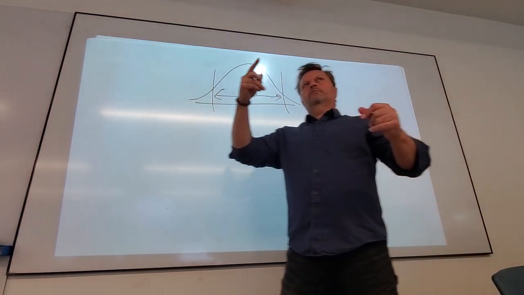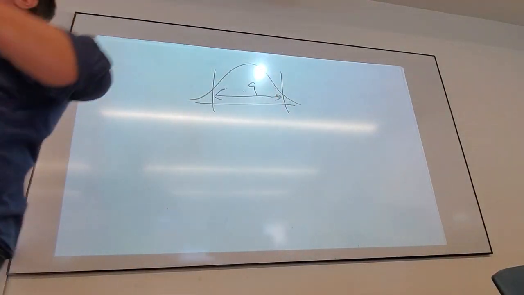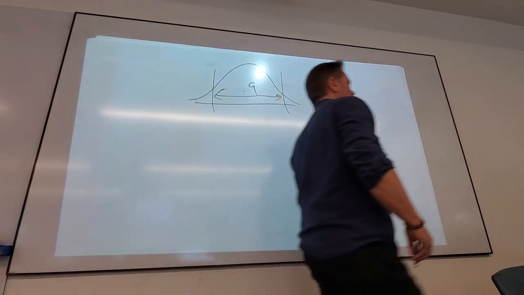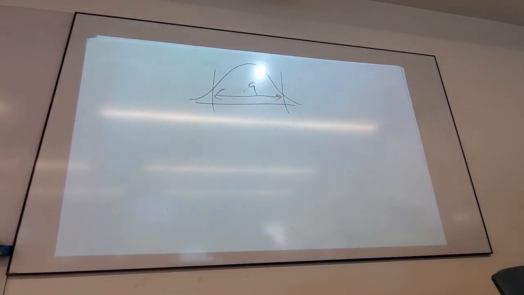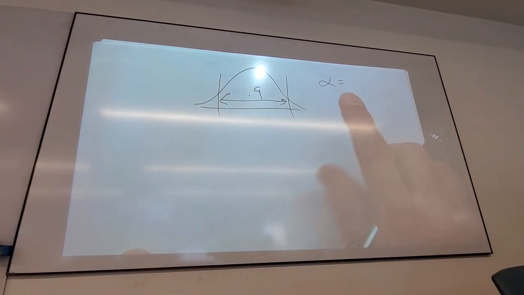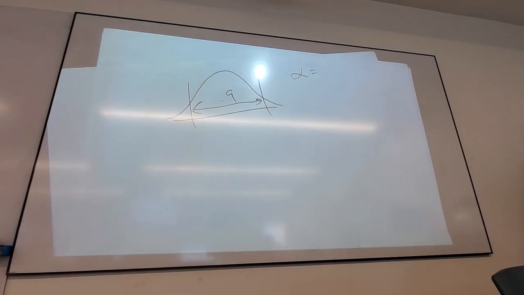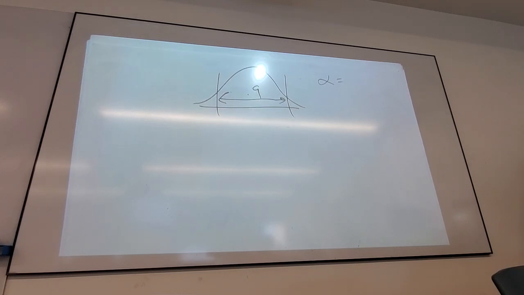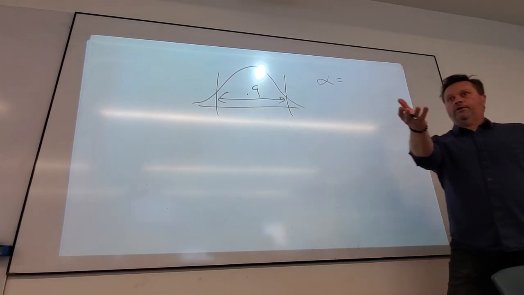When I chop this off, do you see how I made a certain number of tails? How many tails did I just make? 2. The symbol that we use for the area in the tail or tails is alpha. What letter of our alphabet does that Greek letter correspond to? A. And A for area.